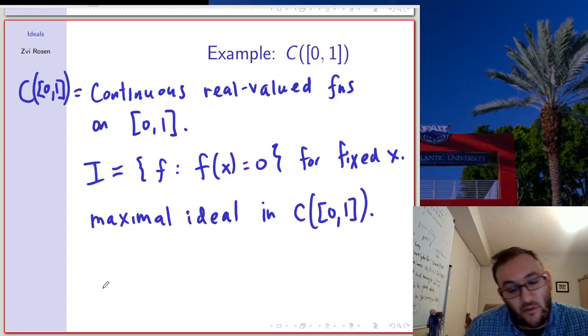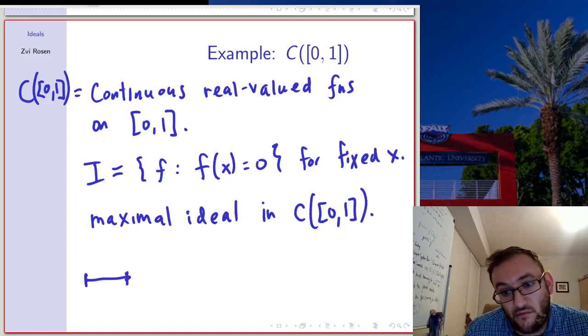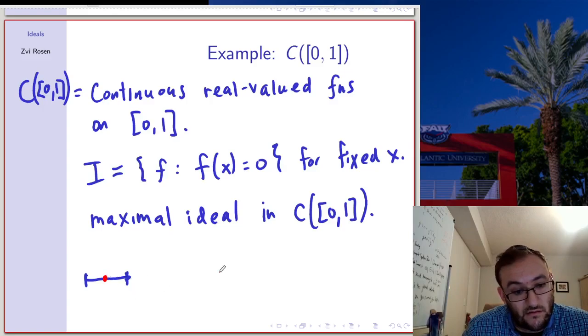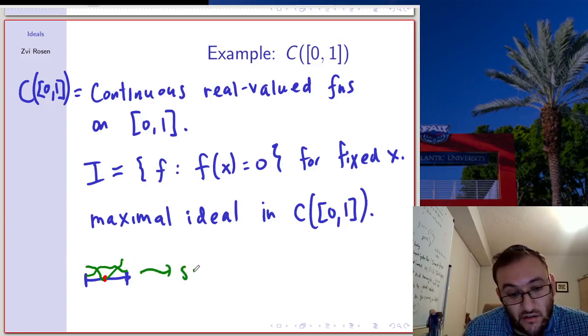And the rough idea of how to prove this is, if this is your interval, and you've got some 0 here, so if I take anything outside which isn't 0 here, I should be able to use that together with the set of functions vanishing at 0 to make the function 1. So some combination gives 1.